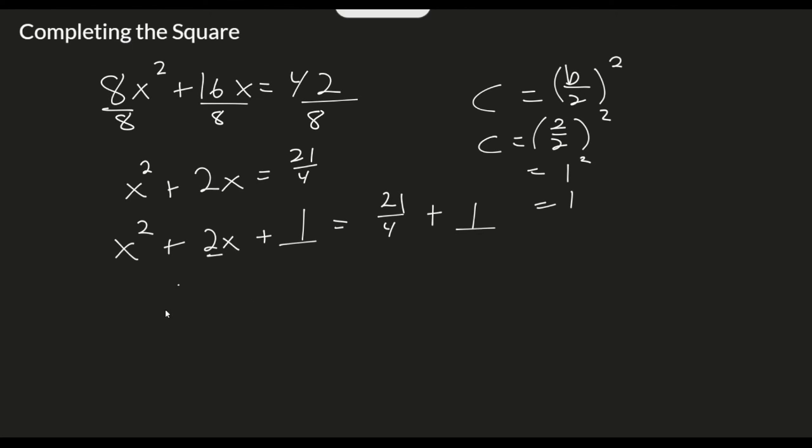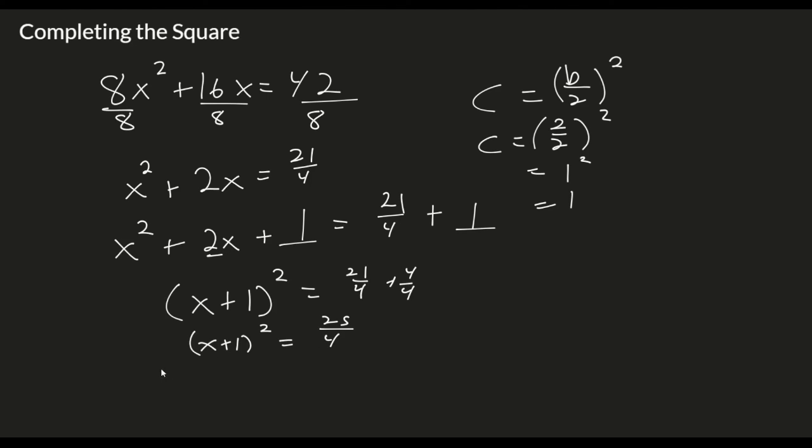So here we have a nice factorable expression, x plus 1 squared. And that's equal to 21 over 4 plus 4 over 4. So I'm just going to rewrite that real quick. x plus 1 squared equals 25 over 4. Take the square root of both sides, plus minus over here, and we have x plus 1 equals plus minus 5 over 2.